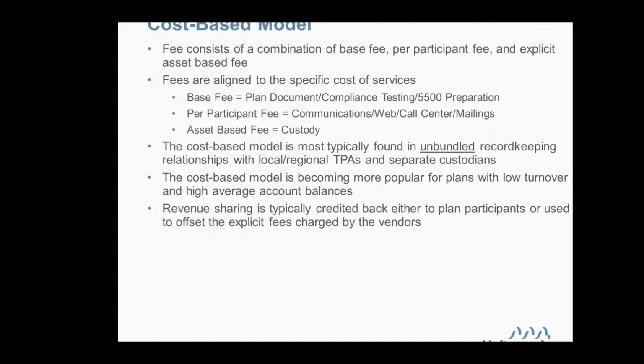It tends to end up running a lower total cost rather than an asset-based fee when you have high account balances. Revenue sharing is typically credited back to either the plan participants directly or used to offset the explicit fees charged by the vendor. Remember, revenue sharing is a component of the expense ratio that's credited back to the plan or to the vendor.